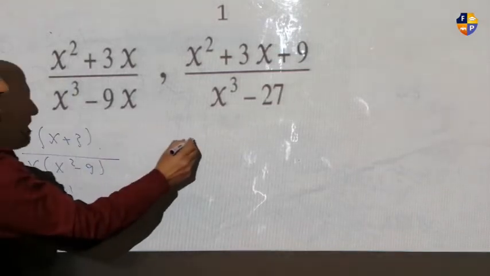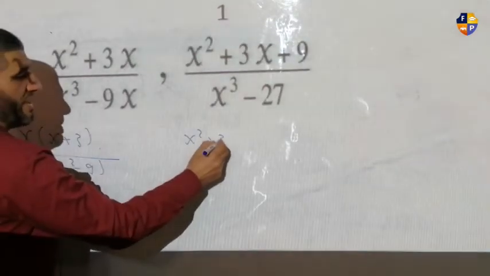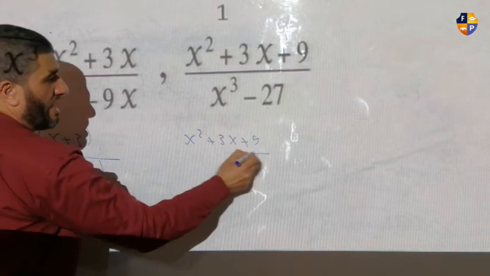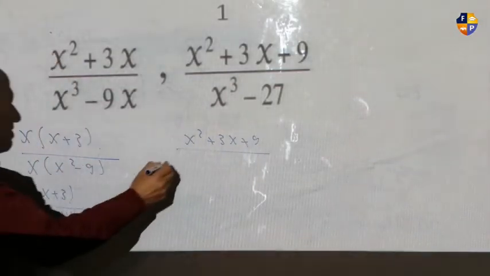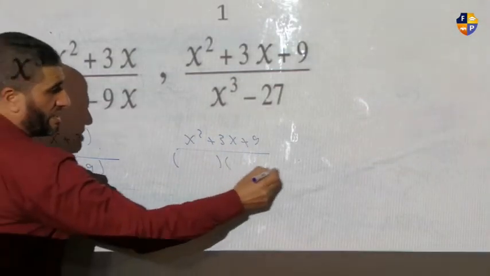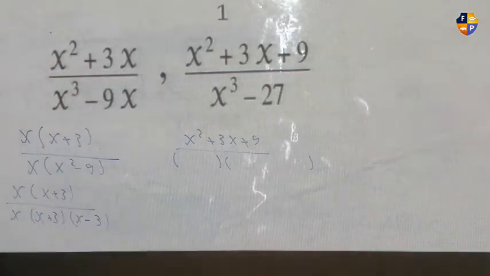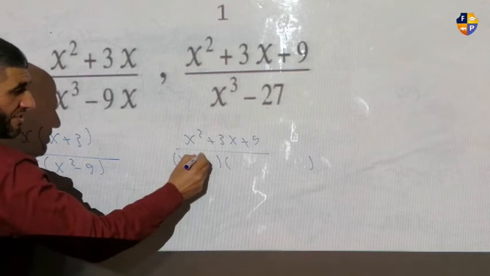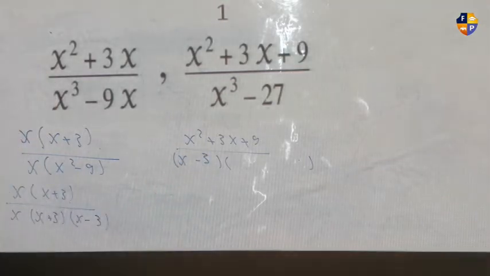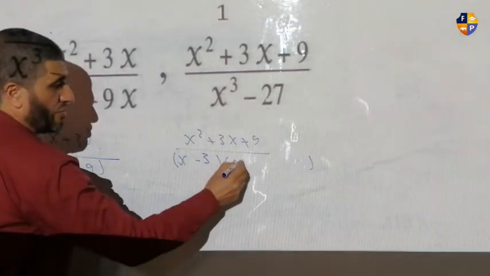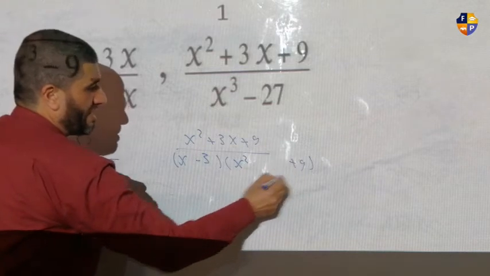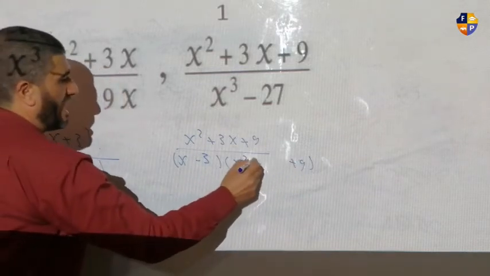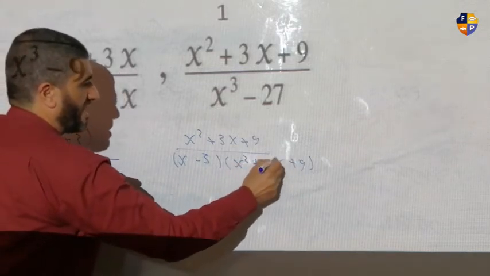Number 2, x power 2 plus 3x plus 9, okay? For the denominators, we can factorize by difference of cubes. Taking the cubic root of the first, x, the second cubic root, 3, minus, first power 2, x power 2, second power 2, 9, first times second, opposite sign, positive 3x.